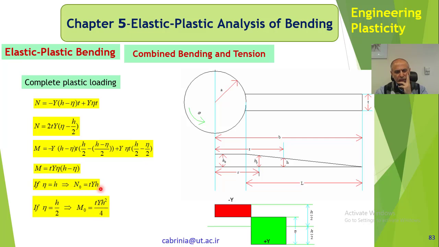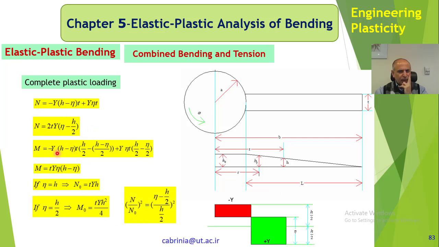Now for this case, because eta is equal to h, we don't have any bending moments. And for this case, eta is equal to h over 2, then we have bending moment M0, which is this, okay. So N0 means we don't have any bending moment, M0 means that we don't have a normal force. But here we have both of them for this case.